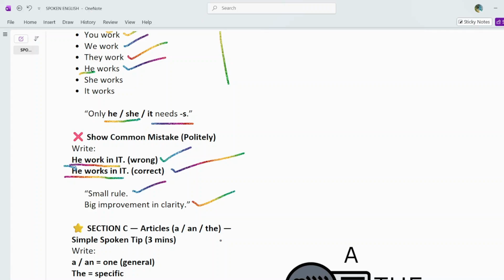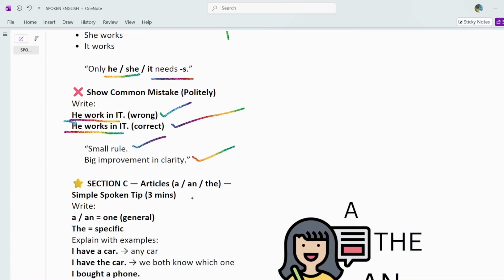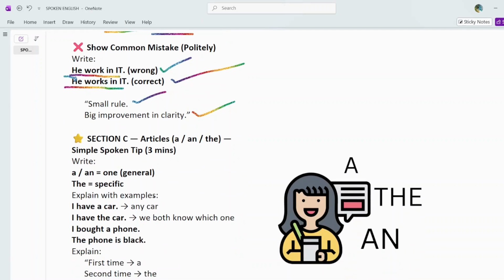Remember, you have to keep this rule in your head. All right, that small s makes your English sound clear and natural, like a real speaker. It is a small rule, as I told you, but trust me, it gives you that boost when you speak in English. All right, great.